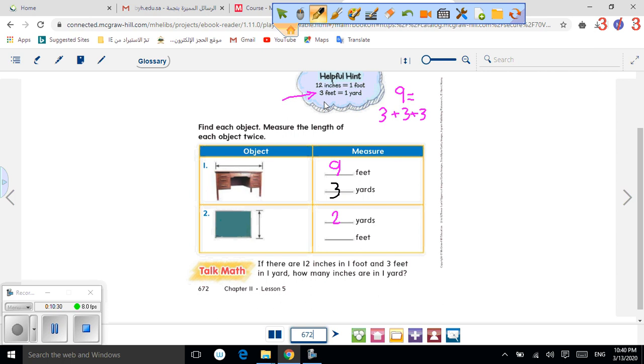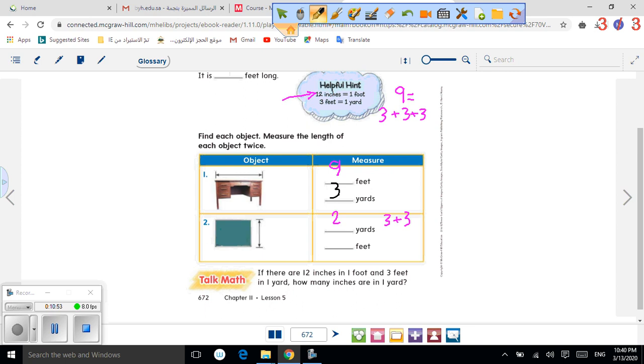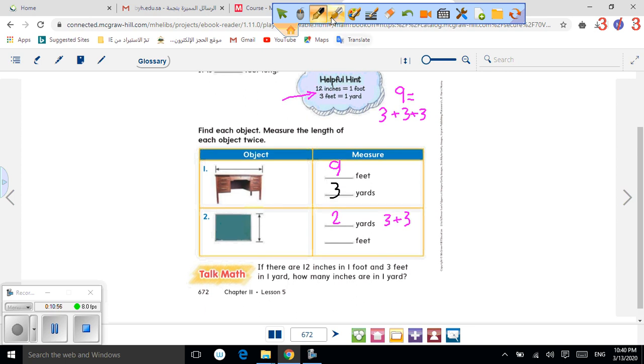We know that 1 yard equals 3 feet. So 2 yards equals 3 plus 3, because it is 2 yards. So it will be 6 feet.